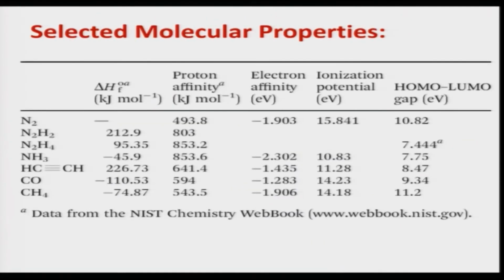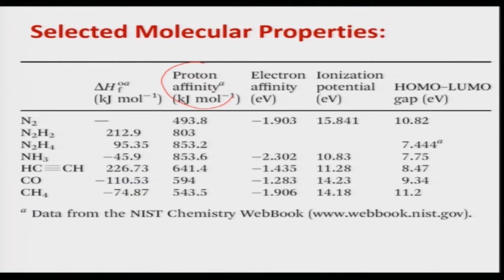This has been reflected in some of these molecular properties as shown here: delta HF 0, the standard enthalpy of formation, proton affinity, electron affinity, ionization potential and HOMO-LUMO gap. If you look at the table, along with nitrogen, there are many other gaseous molecules shown here like acetylene, carbon monoxide, methane, ammonia, hydrazine, all of which have been compared.